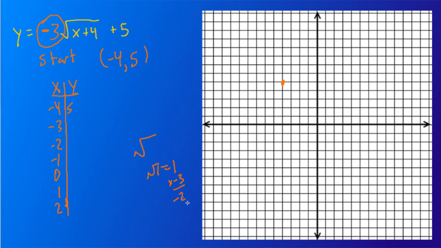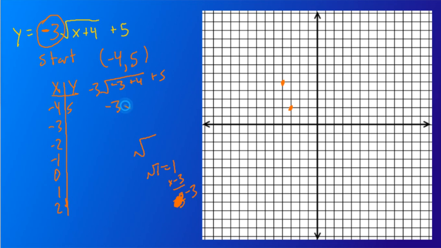Am I dumb? 1 times 3 is 3, not 2. My bad. I'm going to go down 3. Now I notice, what I just said there is not what you have in your table. In our table, what are we putting in for x? We're putting in -3. And if we put in -3, I'll show all the work right here. -3, I have a -3 out here, plus 4, plus 5.